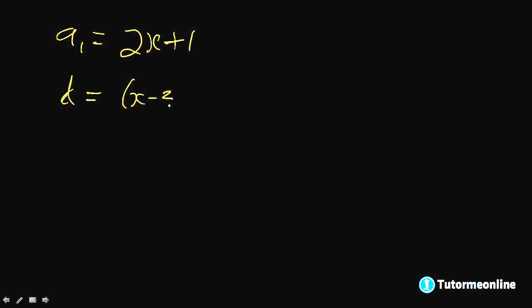So let's do that. We then say a1, it's very easy, is equal to 2x plus 1. That is being given to us, so it's very easy to write down. We can say the common difference is the difference between the second term and the first term, which is x minus 3 minus 2x plus 1.